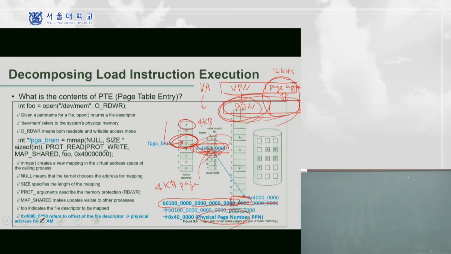That's the PPN, physical page number, for this physical address. So as I said, this page table only holds the PPN instead of the entire physical address. Okay?